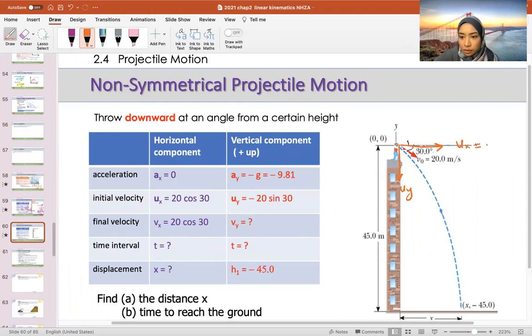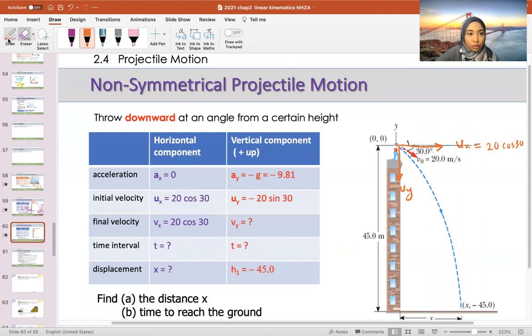Okay, so it is 20 cosine 30. Is this correct? It should be negative? Where is the negative, here? Or is there no need for a negative? Our X does not need it. If X does not need it, correct. Yeah, our X is to the right. There's no negative. Okay, that is correct.